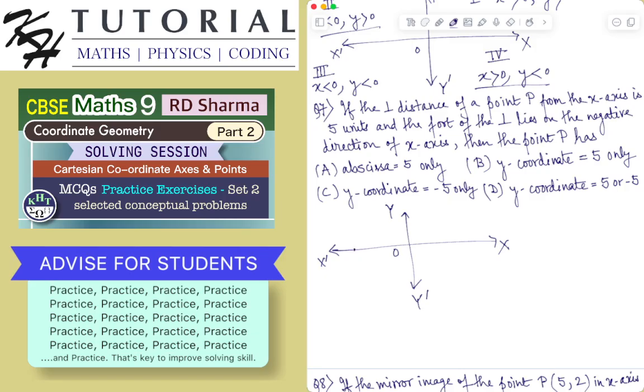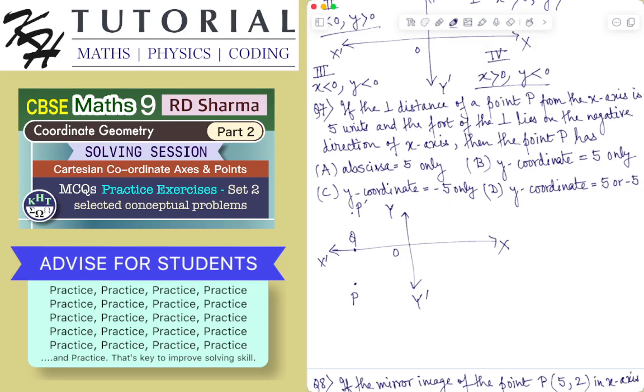Let's say this is the foot of the perpendicular Q. Now the point P could be either above the x-axis, here, or it could also be over here. So there are two possibilities of the point P. Let's say one is P and the other one is P dash.